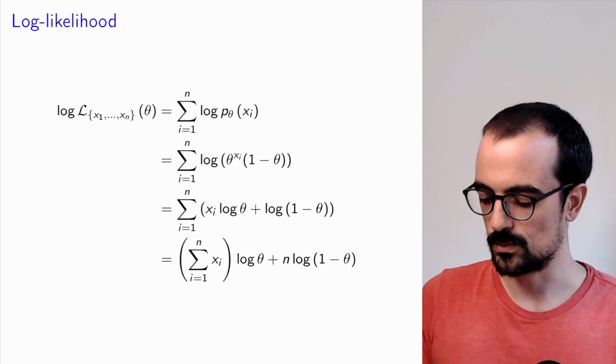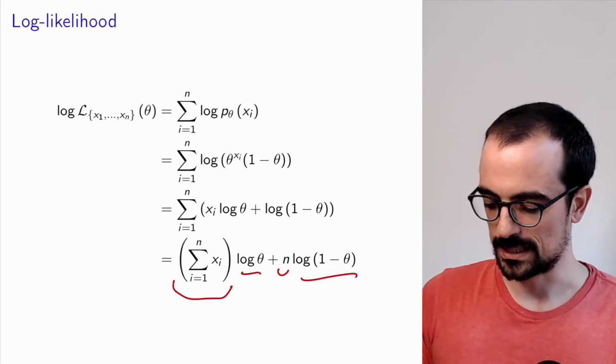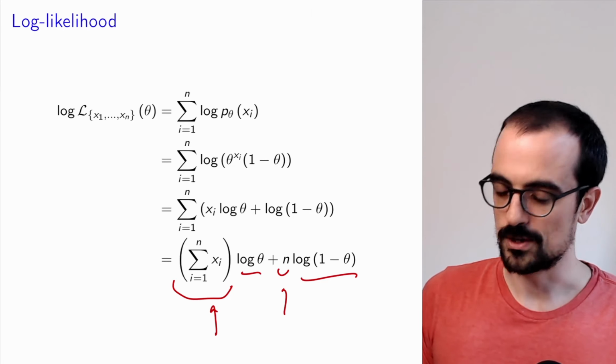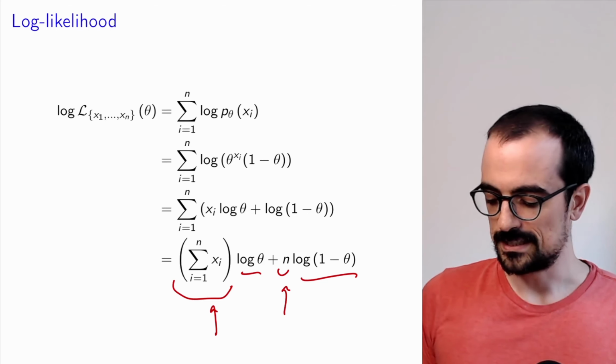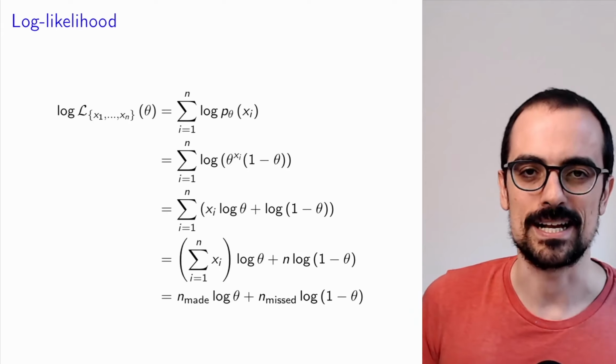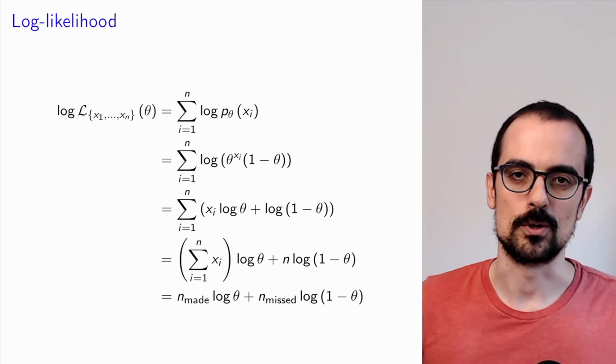So basically what I was saying is we have this times log theta and then n times log 1 minus theta. And what I just argued is that that is actually the number of made free throws. This is the number of missed free throws. This is important because we have arrived at exactly the same expression as we had for the Bernoulli parametric model.